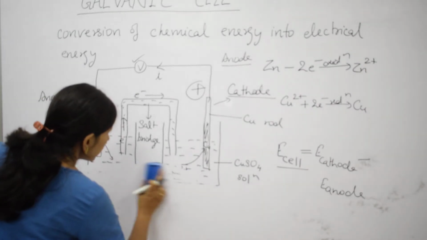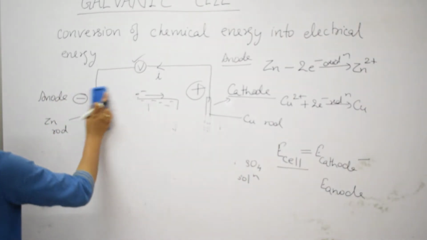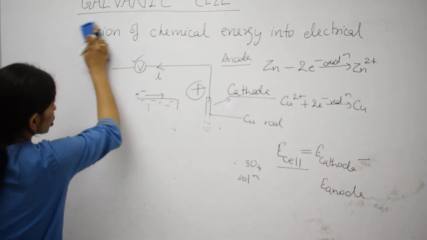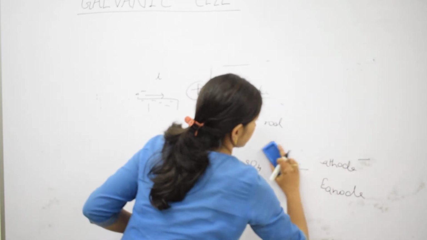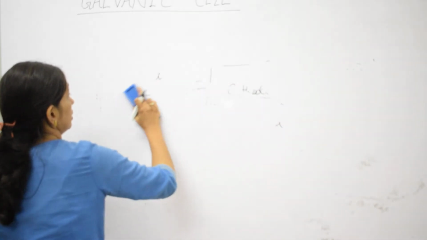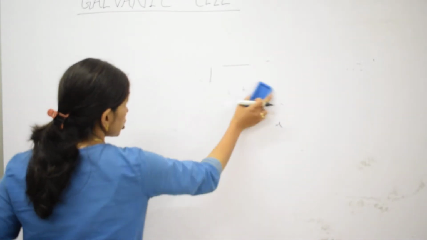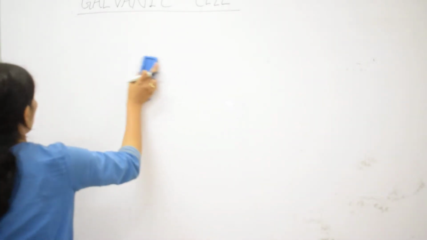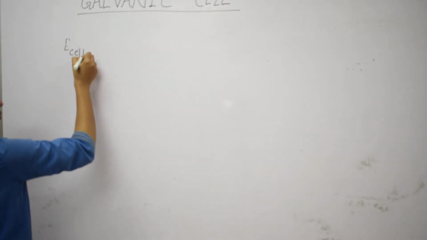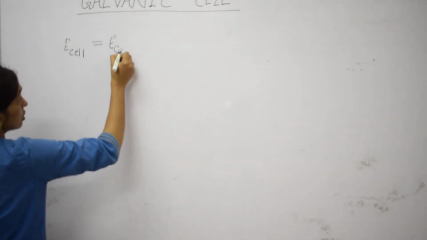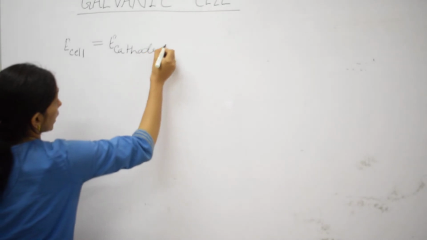And now the electrode potential of the cell can be measured by taking the potential difference from cathode and anode. E cell will be equal to E cathode minus E anode.